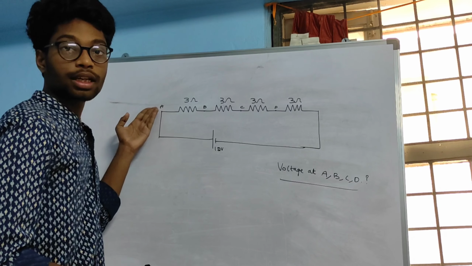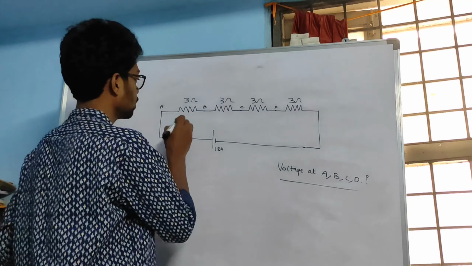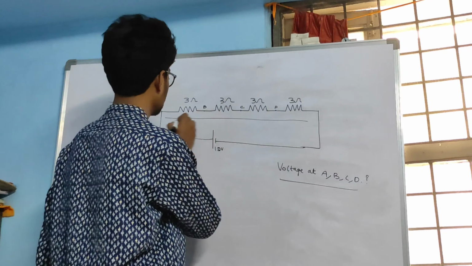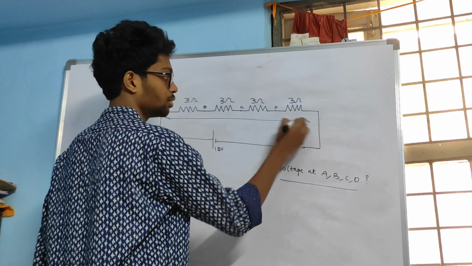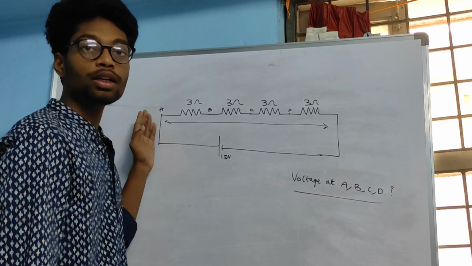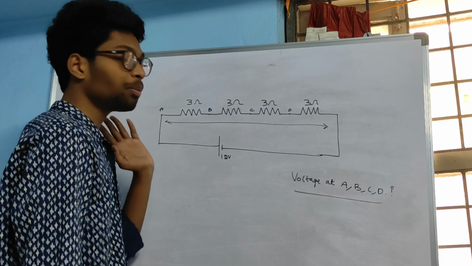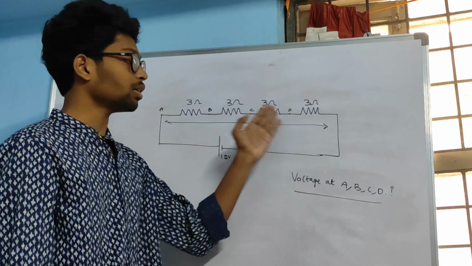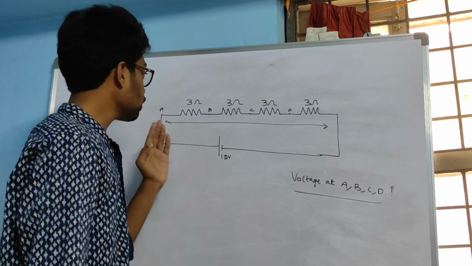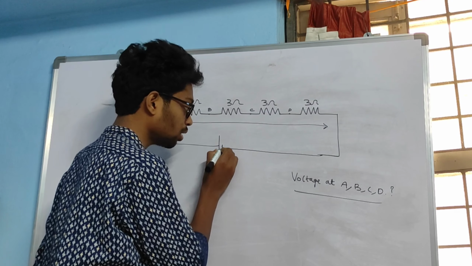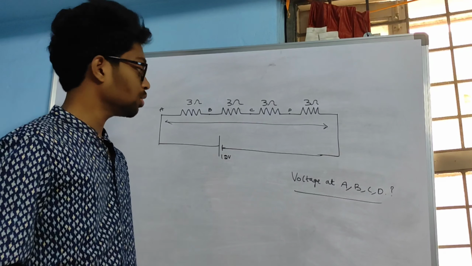Coming to the voltage at point A, whenever you want to find the voltage at a specified point, that means at point A or point B, C or D, you have to know the reference point, that is ground or the negative terminal of this circuit.